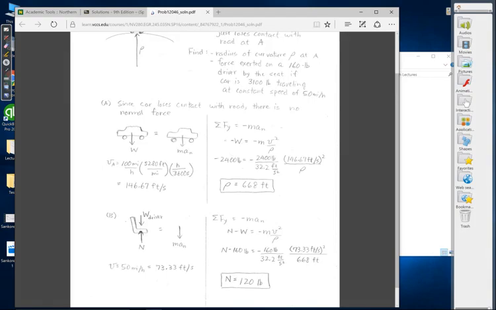driver? So on the left-hand side, you can see you've got the weight, 160 pounds, and then there's a normal force because the driver now sits on the seat. So there's a normal force exerted by the seat on the driver.